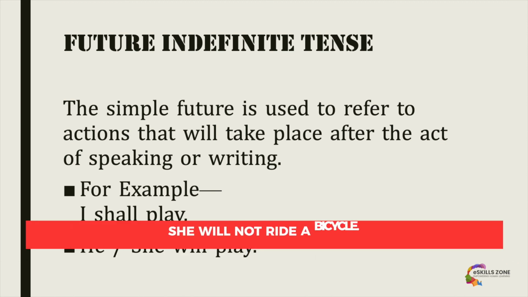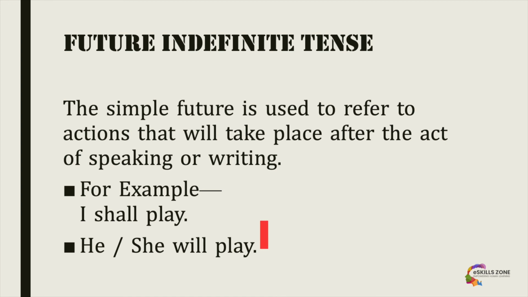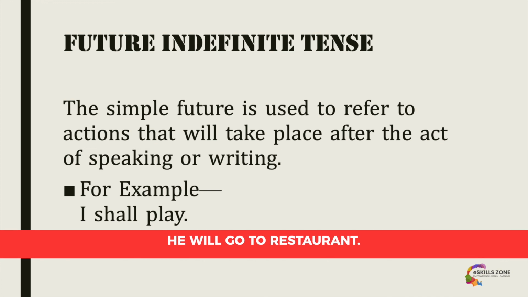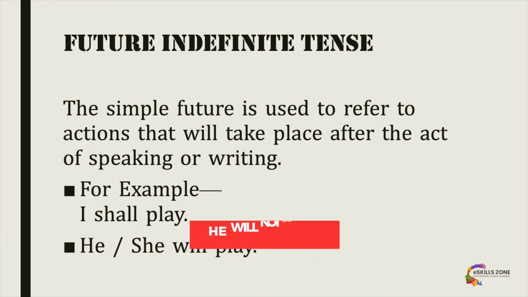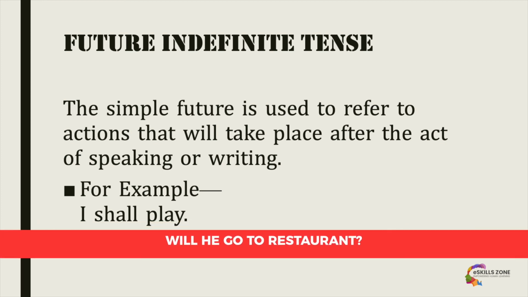She will not ride a bicycle. Will she ride a bicycle? Question mark. Let's take another example. He will go to restaurant. He will not go to restaurant. Will he go to restaurant? Question mark.